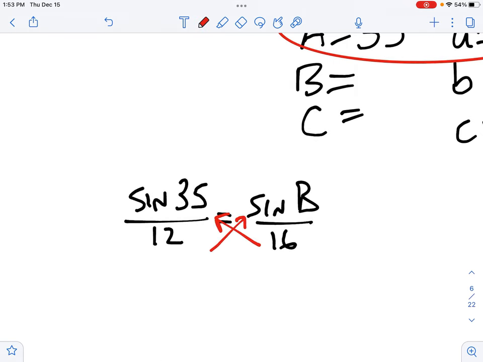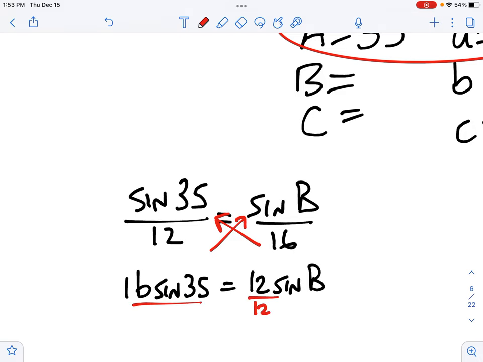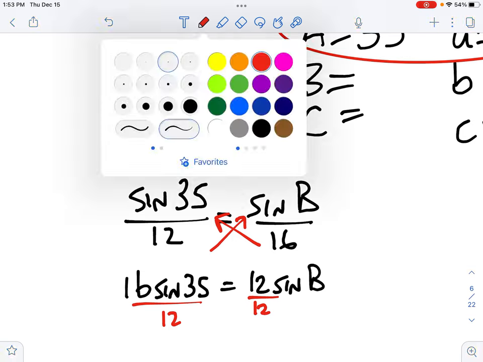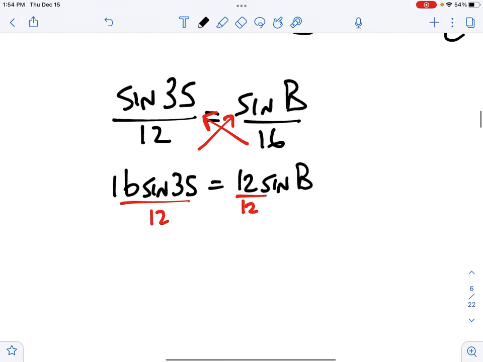So I still cross multiply, which would give me 16 sine of 35 equaling 12 sine of B. I would divide by 12. I'm not plugging any of this in yet because ultimately I'm going to be looking for the inverse sine of whatever that decimal is.